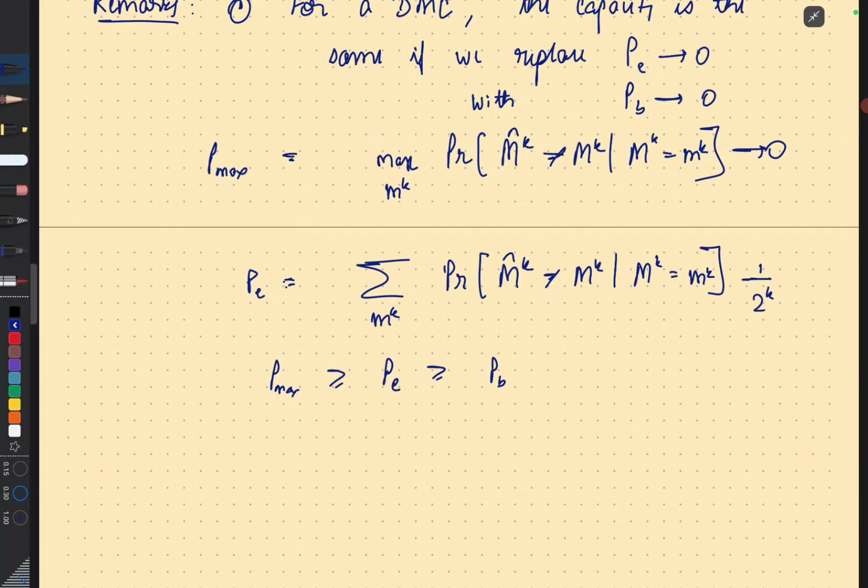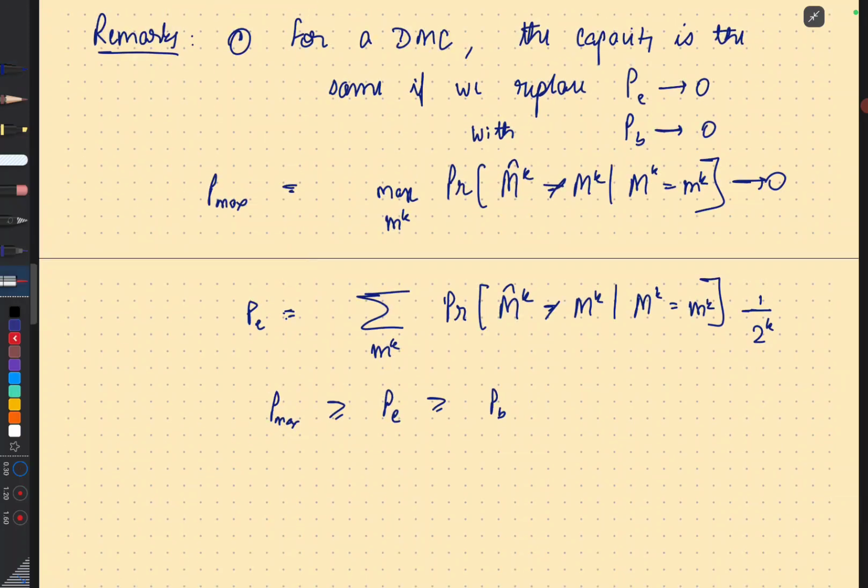So can you define maximum probability? This is the maximum probability of error.